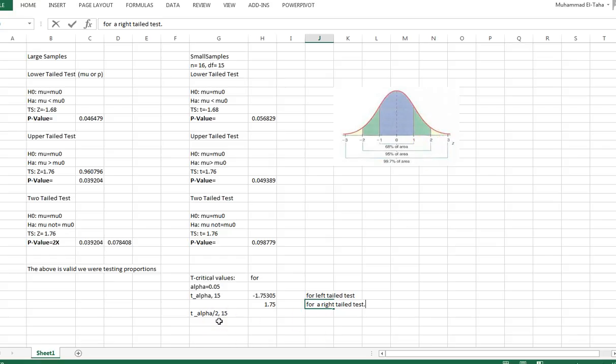For a two-tailed test, I can either use half the alpha, use the same function and pick, instead of alpha 0.05, alpha 0.025, or I can use a special function which Excel has for us.